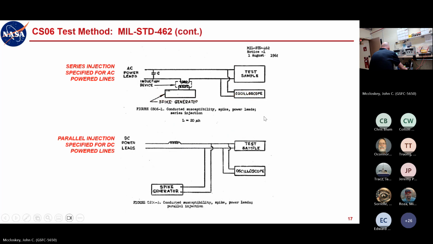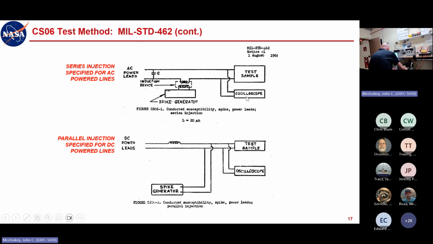Now, in Mil Standard 462, it specifies the test method. Remember, in 461F, or I'm sorry, E, and later they incorporated the test methods into 461, so it's all in one document now. But way back when, 462 was a separate document that specified the test methods, and 461 was limits only.